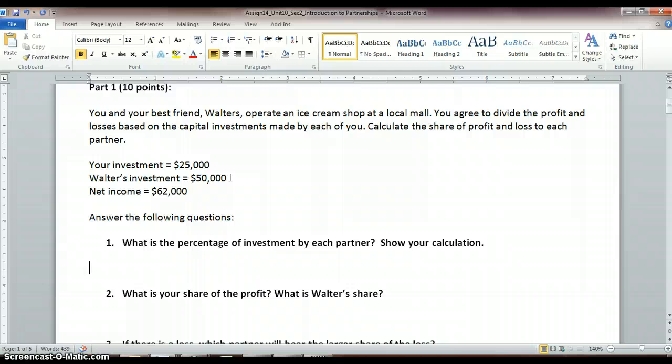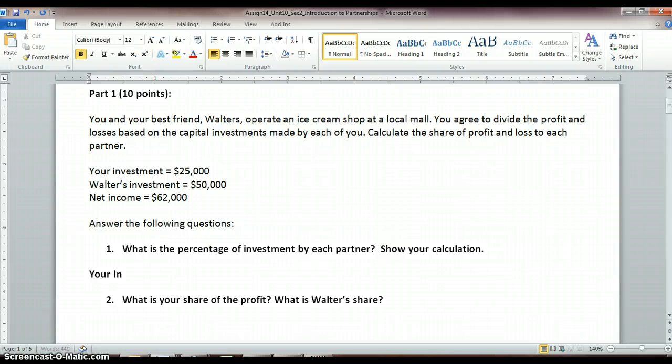So let's do our investment first. Okay, so our total investment, like I said, we're going to add what both investments were together. So we have a total investment of $75,000.